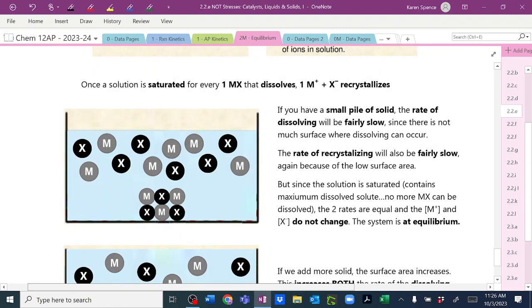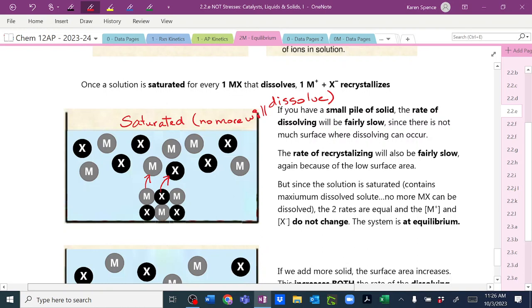If we have a very small pile of solid, for every one particle that dissolves, what has to happen? This is a saturated solution. If it's saturated, no more will dissolve.